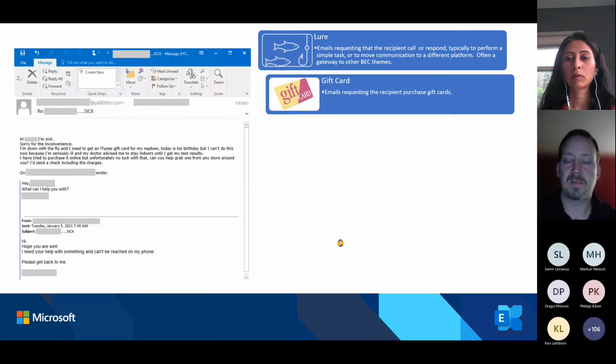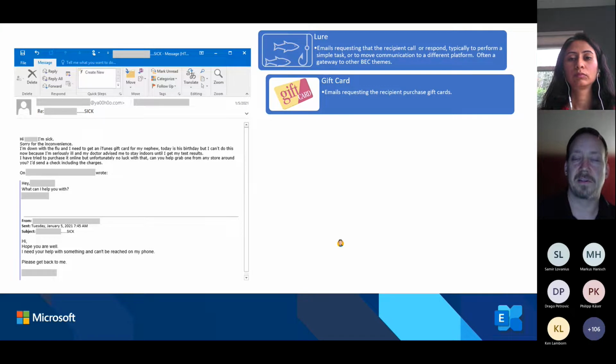The next example is also gift cards. Gift cards have been really common of late, certainly over the last 6 months or more, maybe even a year, that we've been tracking these individually. A lot of these claim, hey, I'm here, I need your help with something, very lure oriented where it starts. And then if they get acknowledgement and receipt, it's, hey, I'm sick, I need your help getting some gift cards, I'll pay you for it.